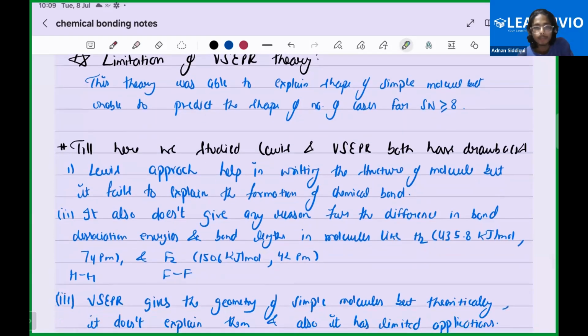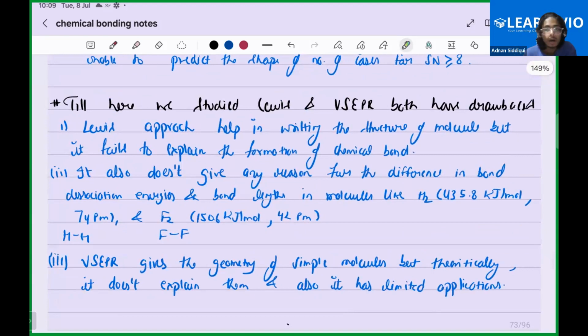So till this point, we studied Lewis and VSEPR theory. Both have drawbacks. We studied Lewis dot structure and we saw its limitation. Then we studied VSEPR and we now saw its limitation as well. So let us try to understand how we have to proceed from now on.